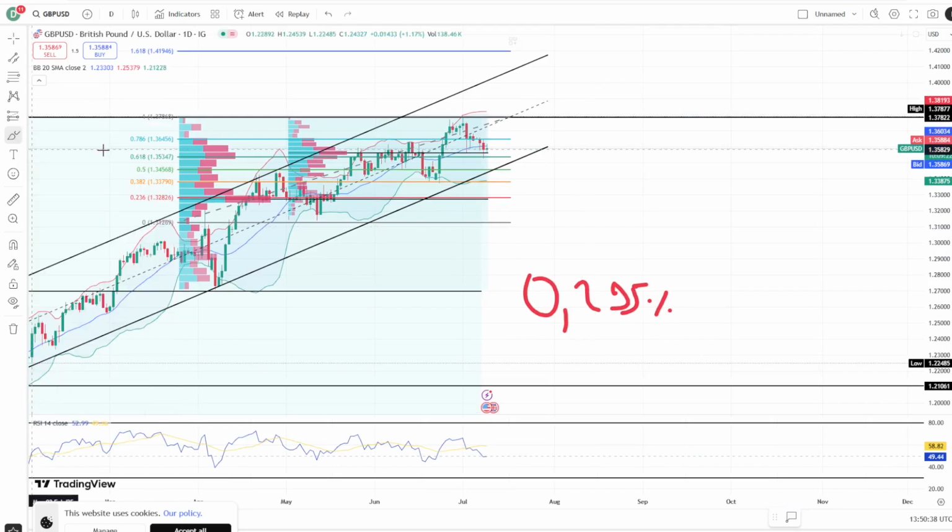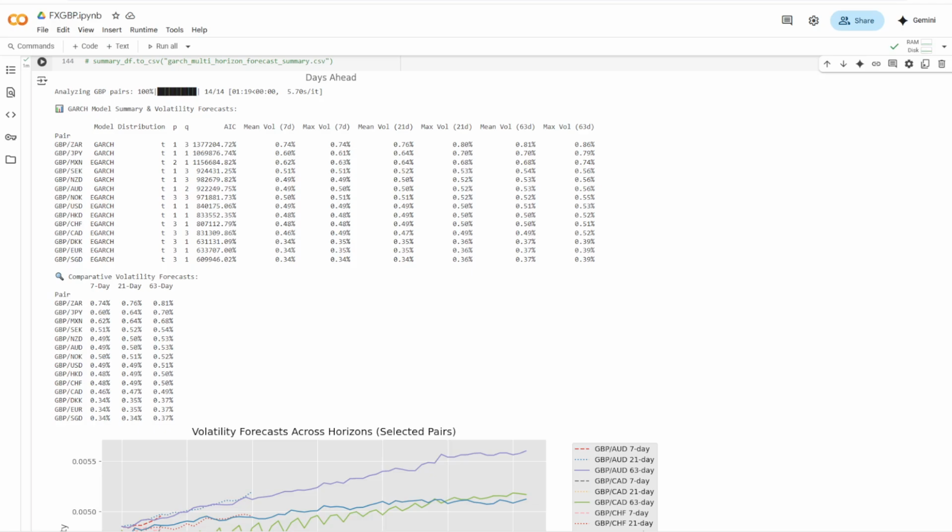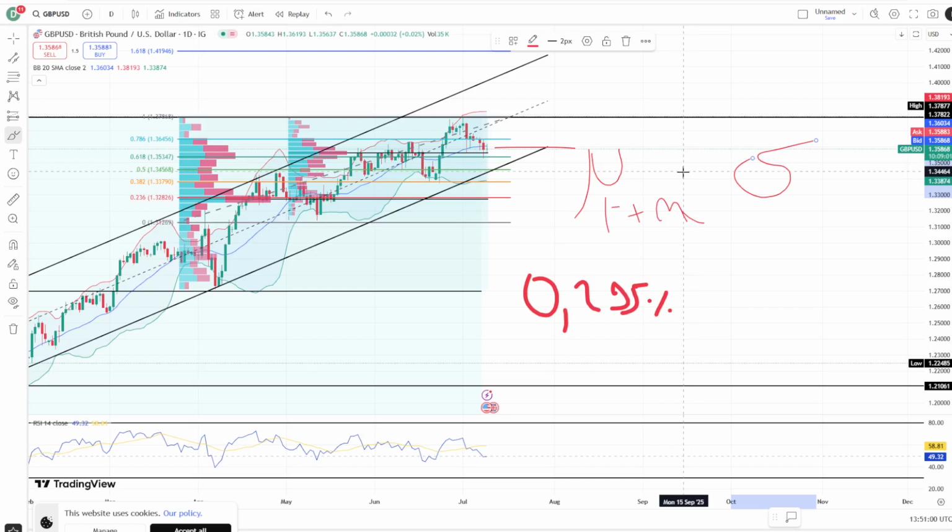So what you see here is mu. Mu is not a cow. It's mu at time t, or time t plus n, n periods. What we measure here is the sigma of the distribution of prices.